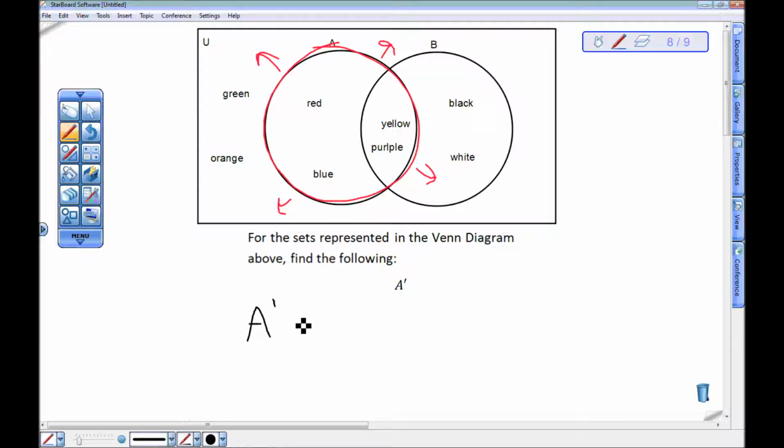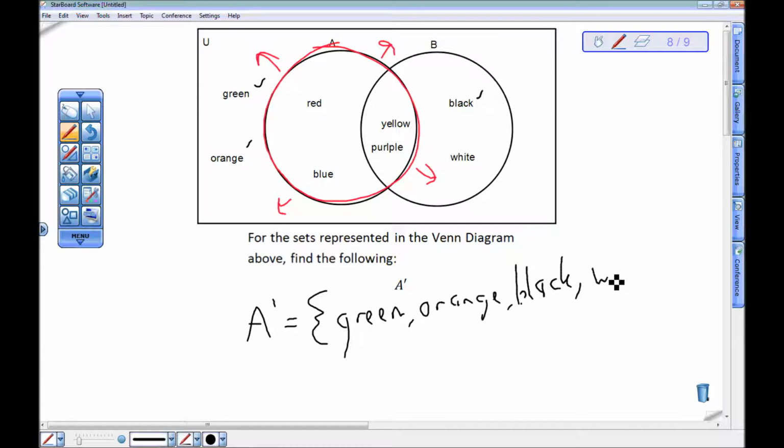A complement is the set that has green, orange, black, and white. Those are all of the elements outside of A, which means they're all of the elements in A complement.